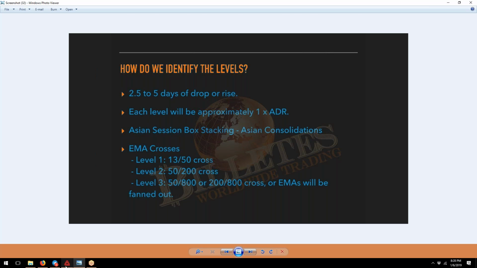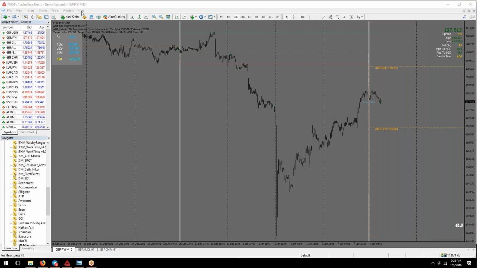That's why you need to know how many points this pair moves per day. And it's right here. This pair currently is moving how many points? You either can do 164, that one clearly tells you there, or all you got to do is take this number and divide it by 3.